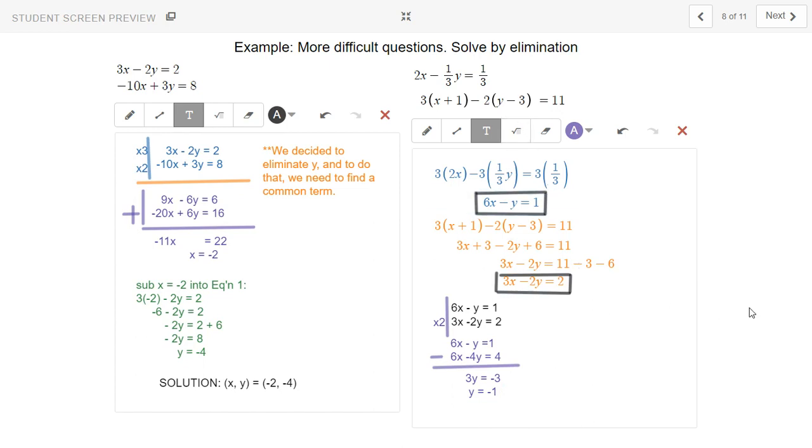Let's substitute it back into an original equation. Now, I could substitute it back into one of these, but it makes it really messy because we have fractions and we have brackets. So these are the simplified versions, and I'm going to use this as one of my original equations.